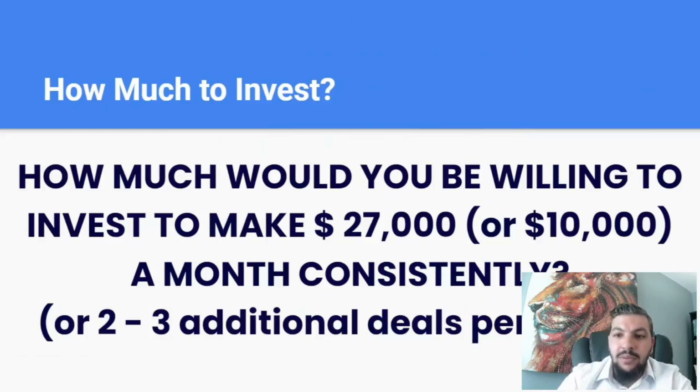If you were able to close 2 or 3 additional deals per month, how much would you invest? Some people might invest 10% of that, 20%, 30%, right? So $1,000, $2,000, $3,000, and it would still be a good return on investment. If you invest $3,000 and you return 10, that's a great return on investment.